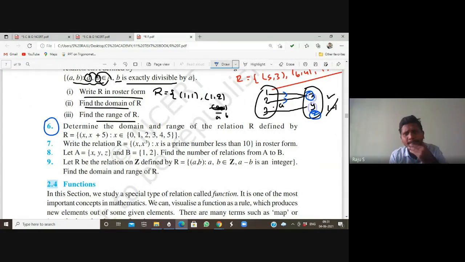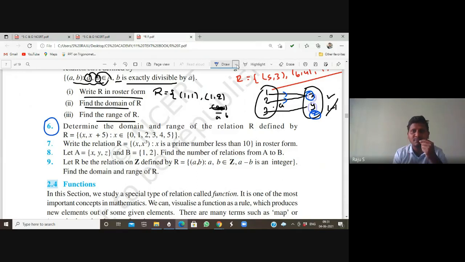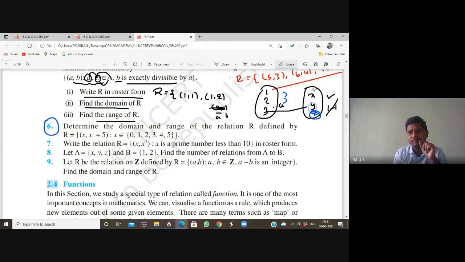Sir, can you again explain onto function, sir? Onto function. Yes, sir. Okay, I'll explain in a simple way. The onto function concept I'm going to explain.